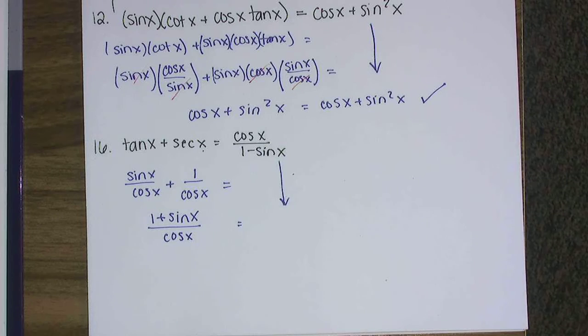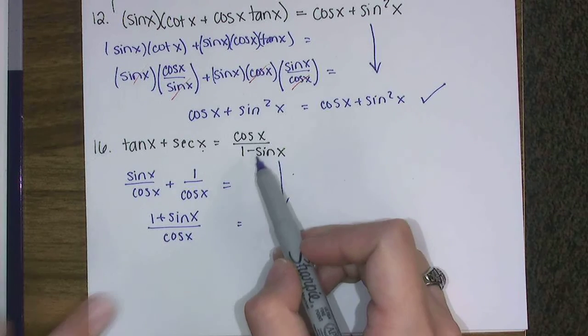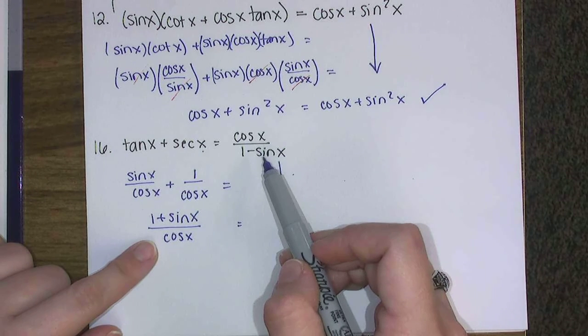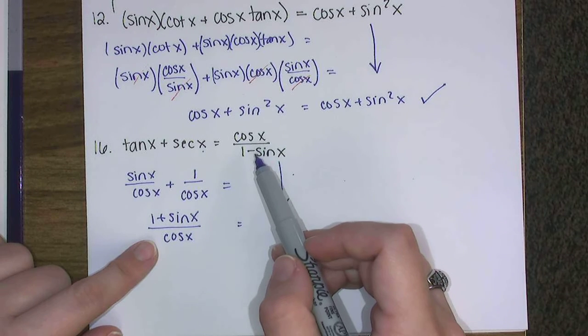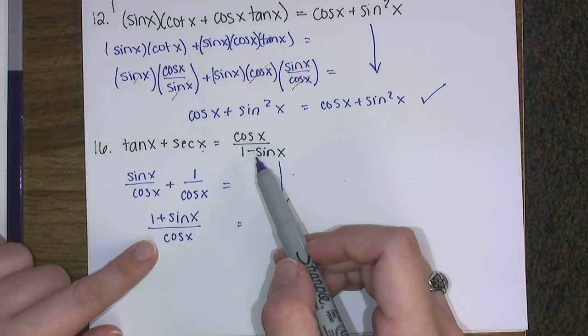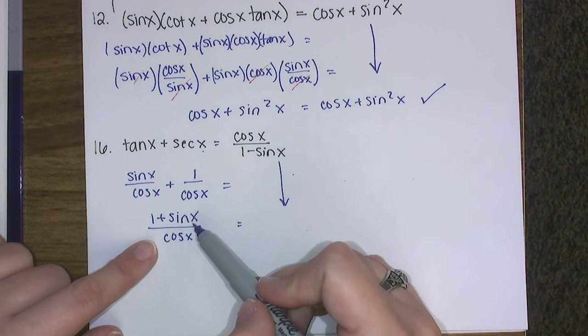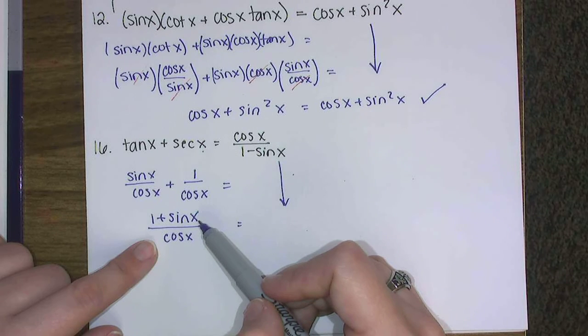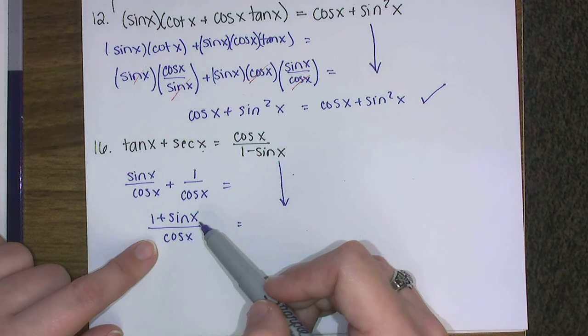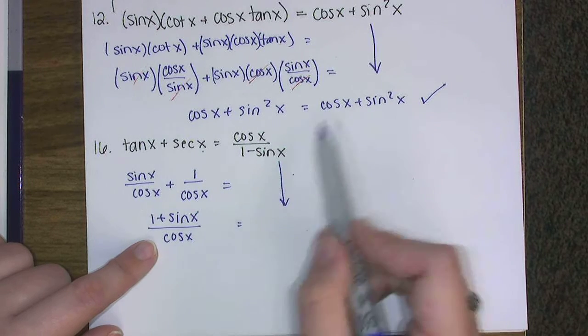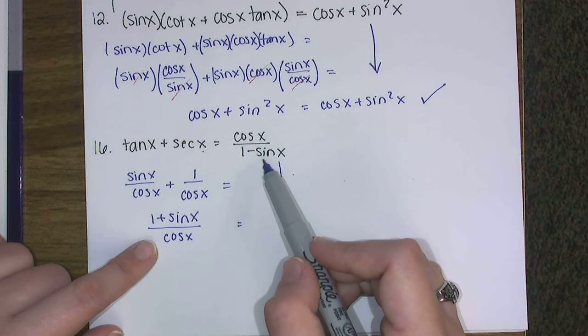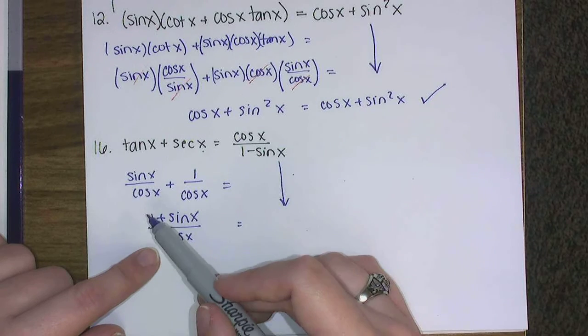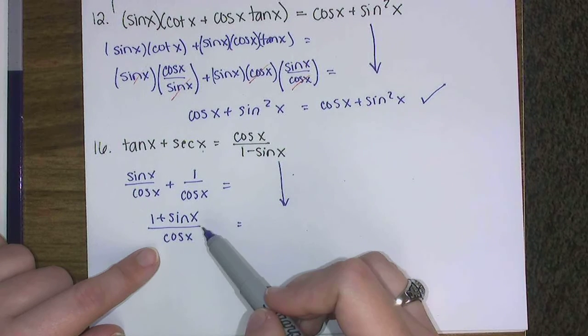Now, what I want to do here, if you look at these, they kind of look like opposites with just the sign being different. So I'm going to multiply this over here by 1 minus sine of x over 1 minus sine of x. I'm not moving this one over, that's really important. I'm just multiplying this to try to simplify some stuff down.